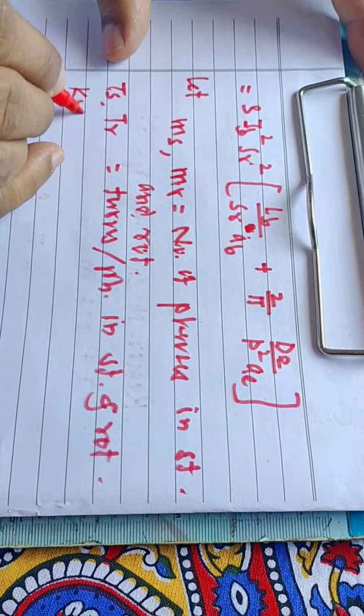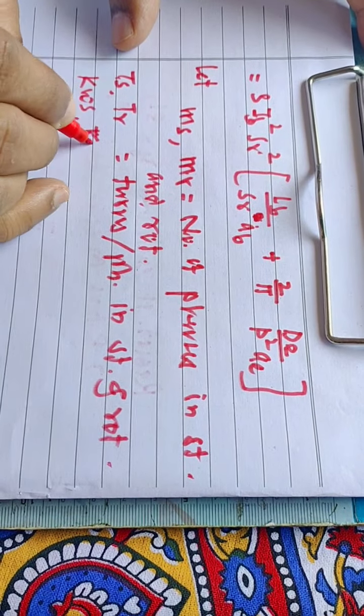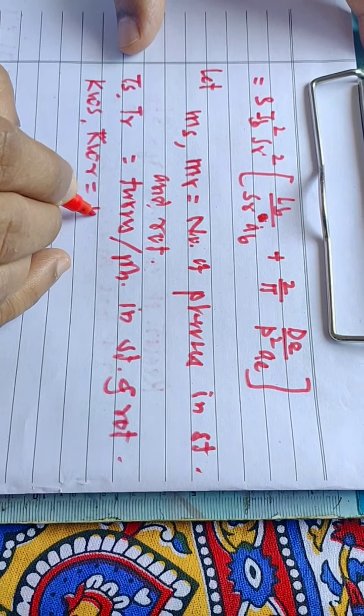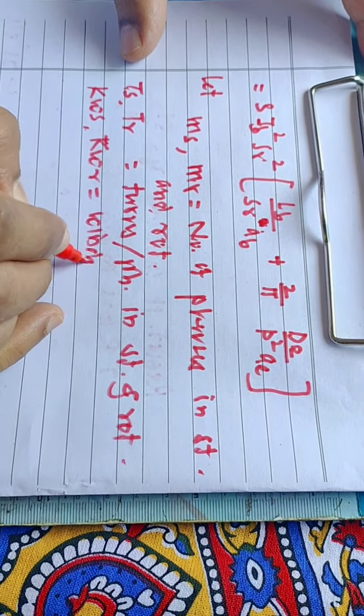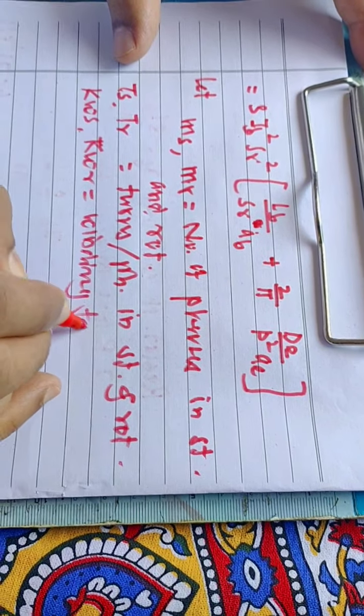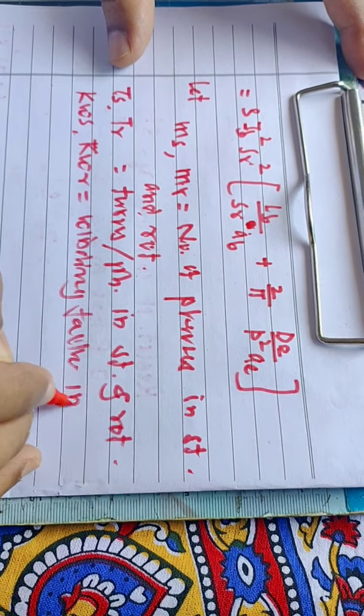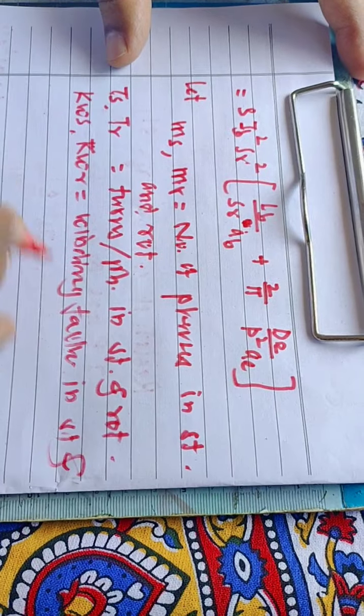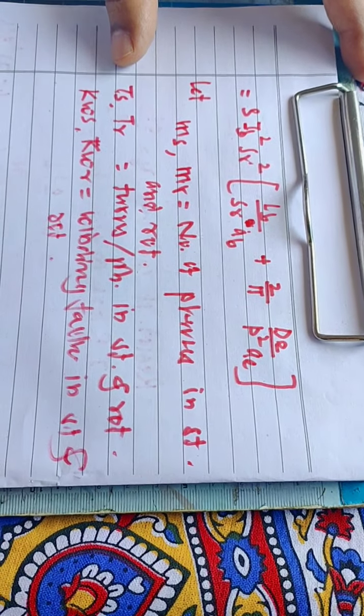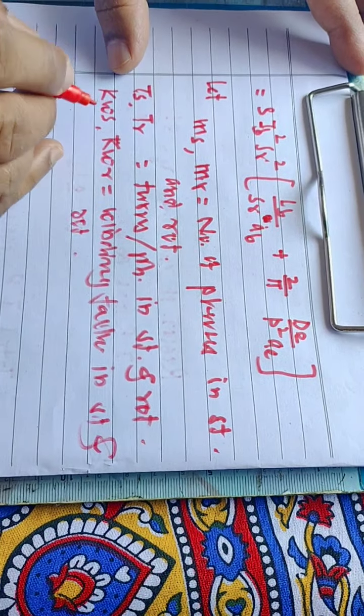Then KWS, KWR are the winding factors in stator and rotor respectively.